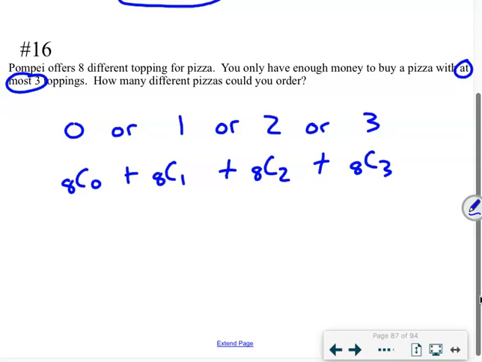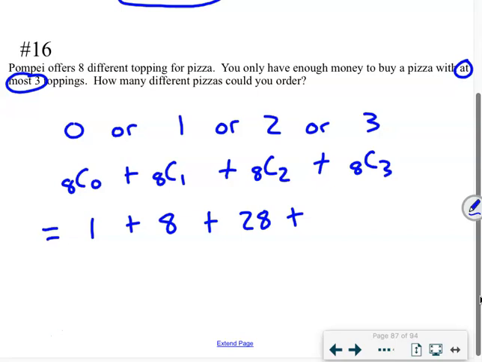So when it says at most 3 toppings, what that means is we have to think about how many ways to get 3 and all the ways to get less than 3. So 8 choose 0, that's just 1. There's only one way to choose 0 toppings. There's 8 ways to choose 1 topping. There are 28 ways to choose 2 toppings when order doesn't matter.